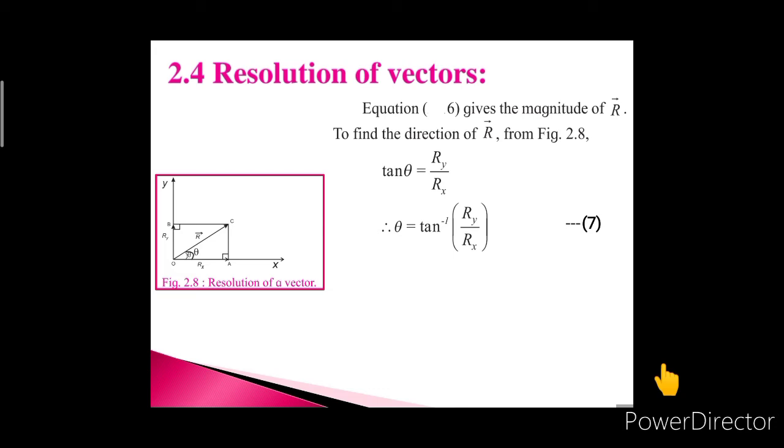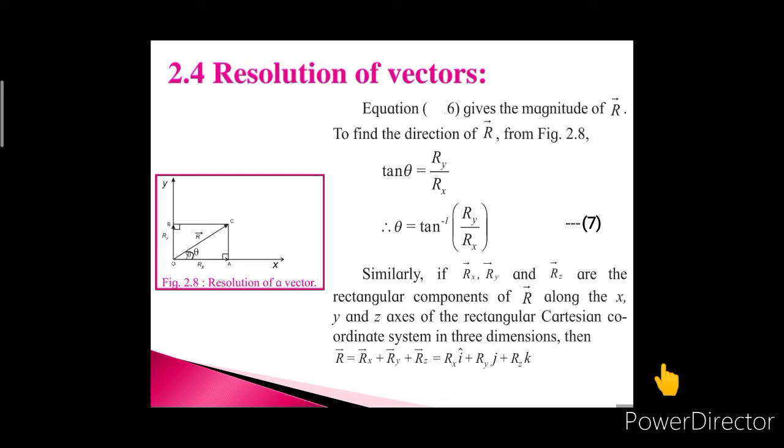So, similarly, if the vector r is to be resolved into the rectangular components along x, y and z axis, so there we have to give the component along the x axis as rx vector, component along the y axis as ry vector and component along z axis as rz vector.